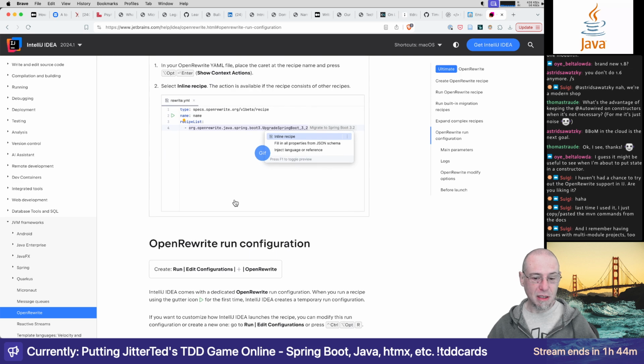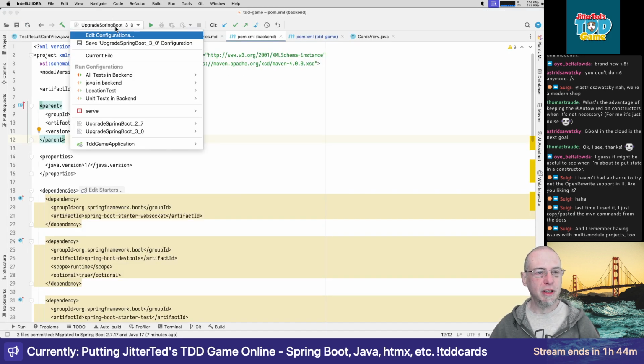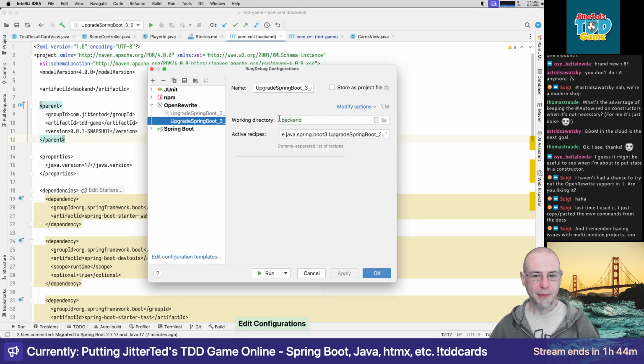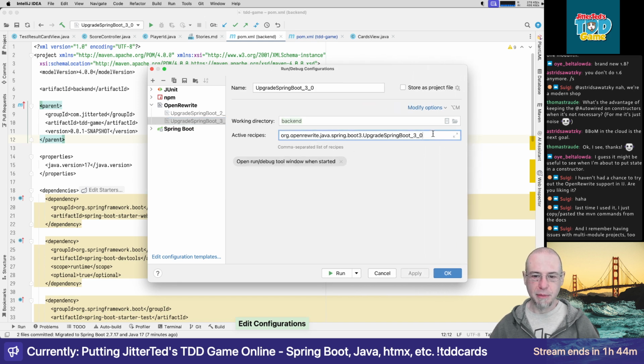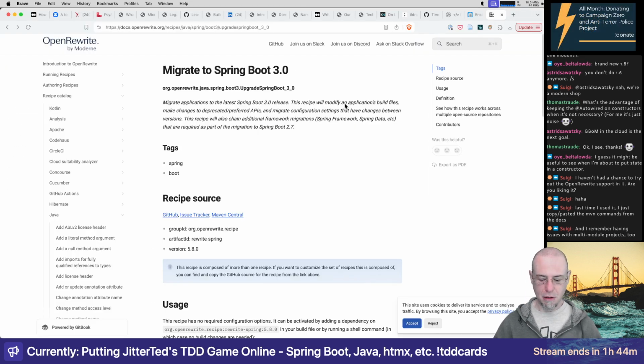I guess it's a run configuration. So let's go see. So we've got a run configuration. Can we edit it? I guess we can. So let's go change the recipe. I'm assuming the recipe is just 3.2, right? Yeah. There's no 3.3 one yet, because 3.3 is not out.